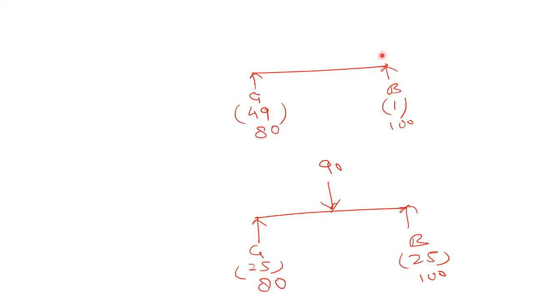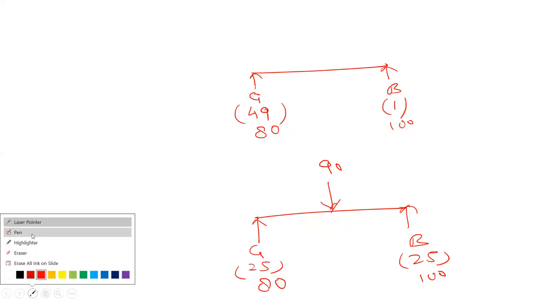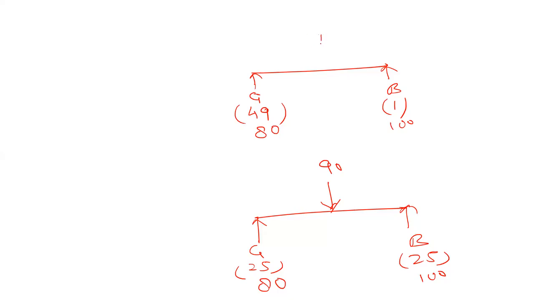Now let's come to this case. There are 49 girls and only one boy. Girls had an average of 80, boys had an average of 100. As we discussed, had there been the same number of boys and girls, the average of the entire class would have been 90.